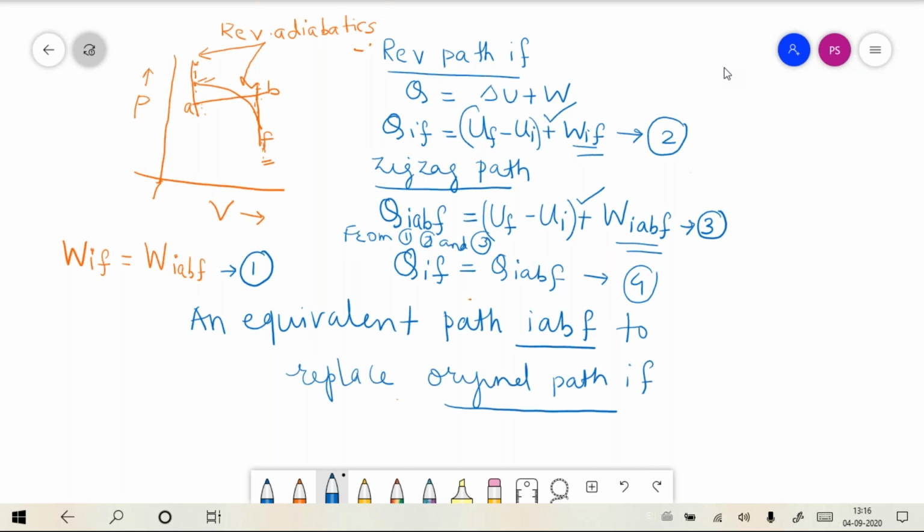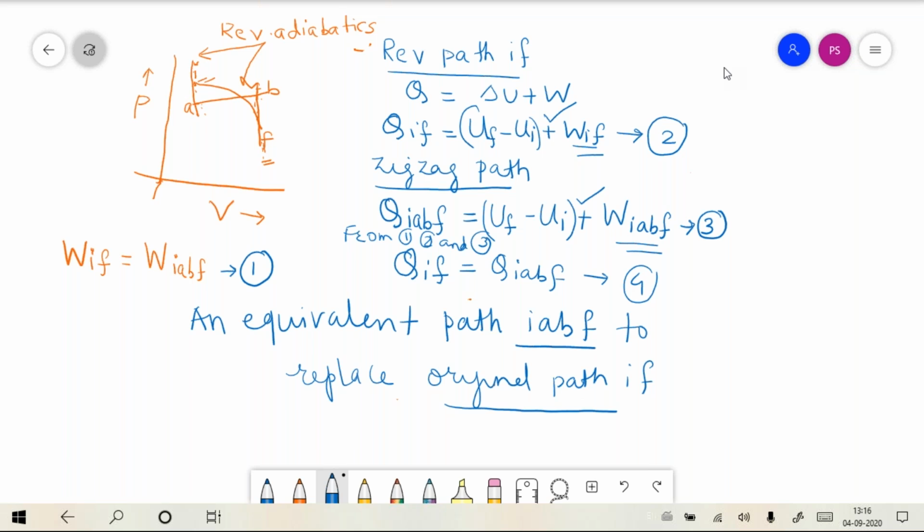That equivalent path is a zigzag path comprising a set of three processes: two reversible adiabatics, not intersecting with each other, mind well, with a reversible isotherm in between.